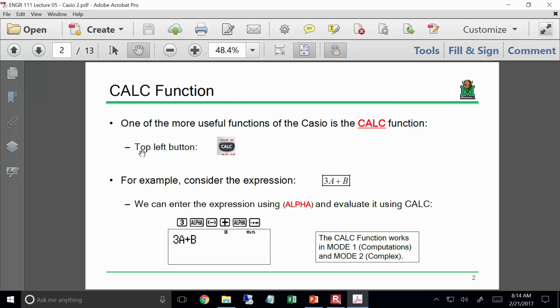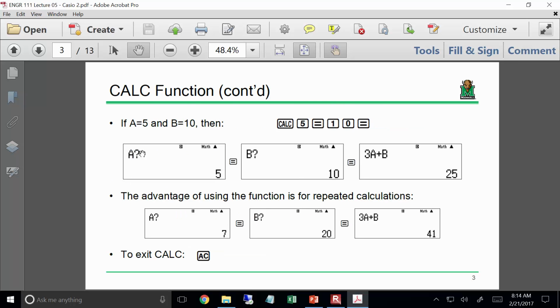Now that I've got that defined, I plug in a value for A, plug in a value for B, and it'll do the math. Now, 3a plus b is simple, but if you've got a really long expression and you're doing it over and over again, it might behoove you to spend a little time typing it out once, and then just changing values. So calc is used for repetitive computations, taking a complex expression and evaluating it over and over again.